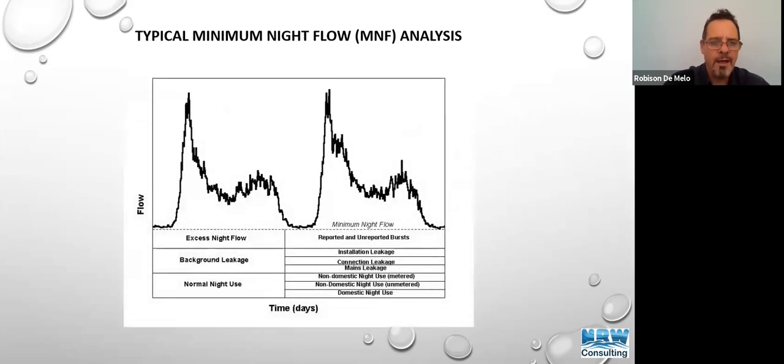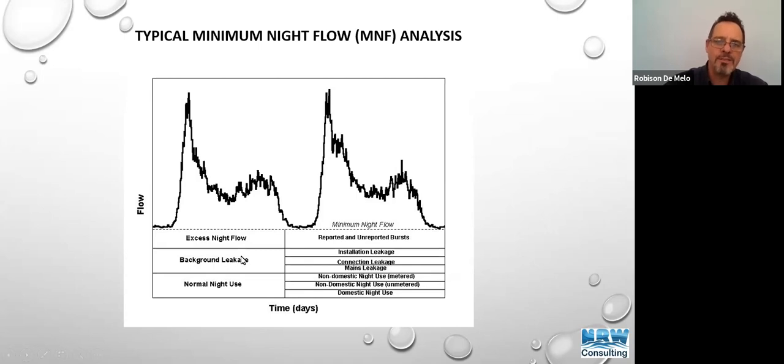Now, I think most of you are familiar with this graph. That's a typical minimum night flow analysis. When we analyze the minimum night flow, we can identify our normal night users: what could be non-domestic use metered, non-domestic night use unmetered, and domestic night use as well.